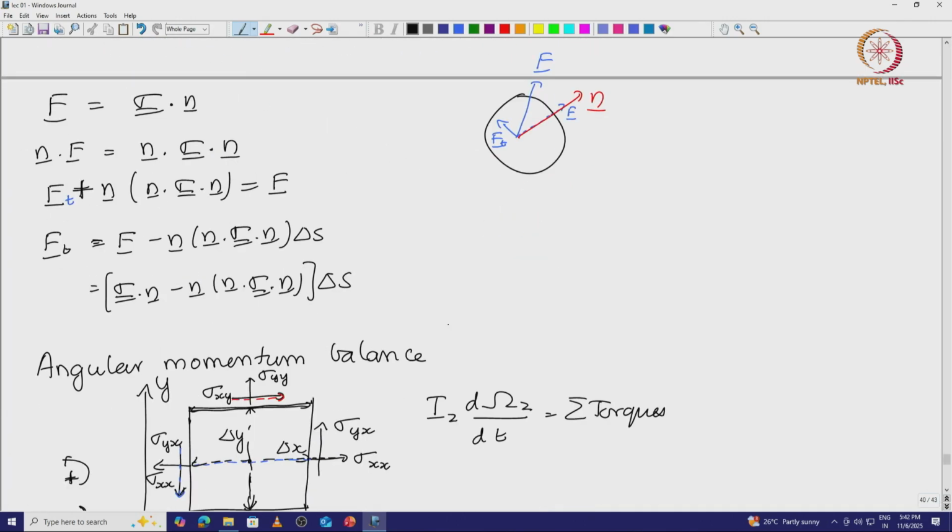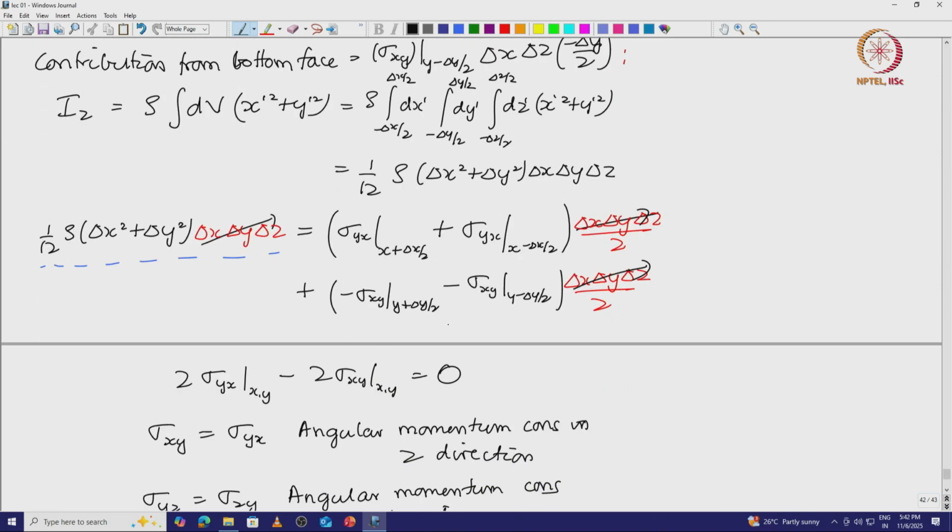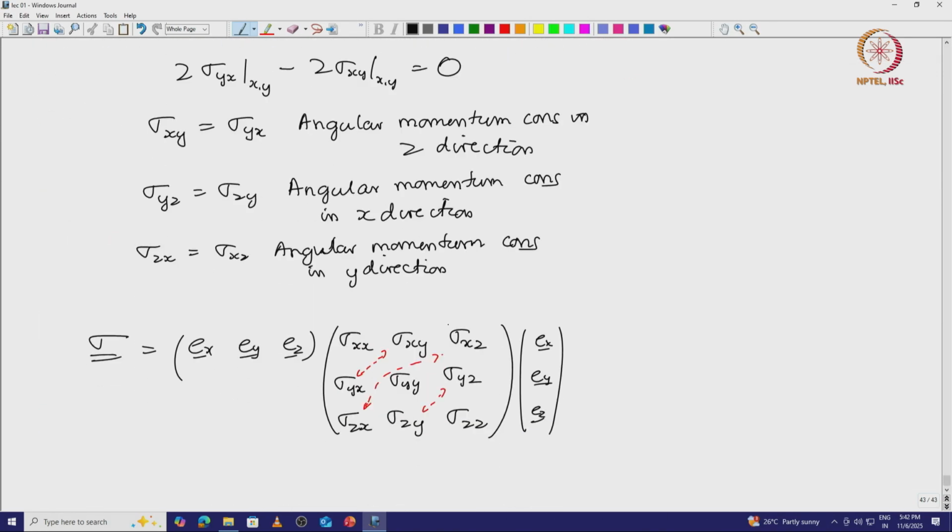I have showed you how to decompose it into components, the normal and the tangential components. Normal component along the perpendicular to the surface, tangential component in the plane of the surface. And I have derived angular momentum balance equation for you to show you that the stress tensor has to be symmetric.